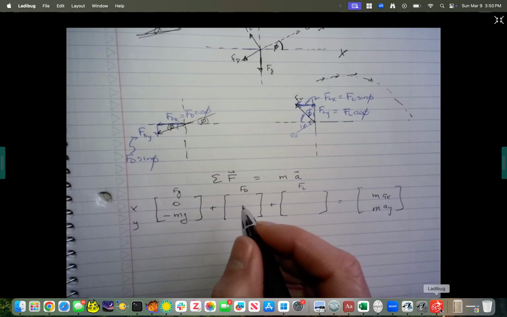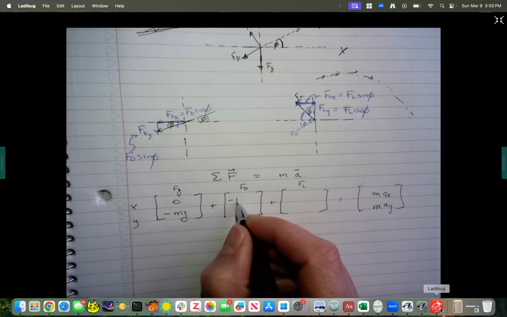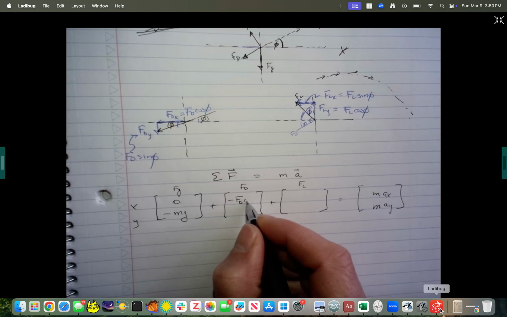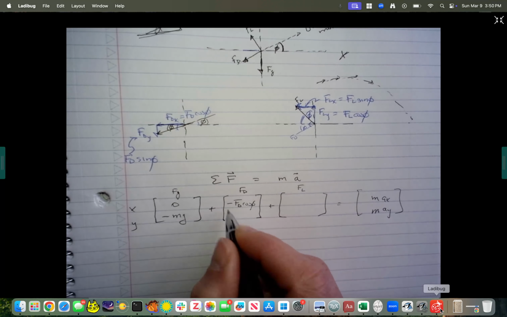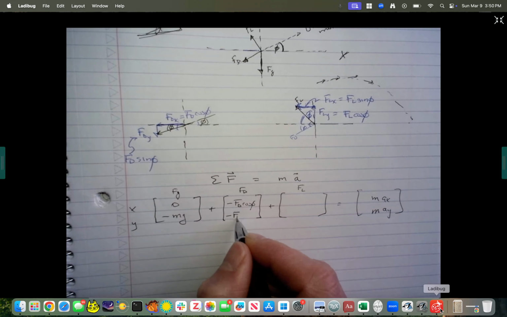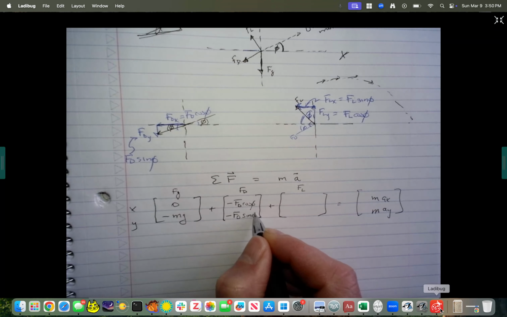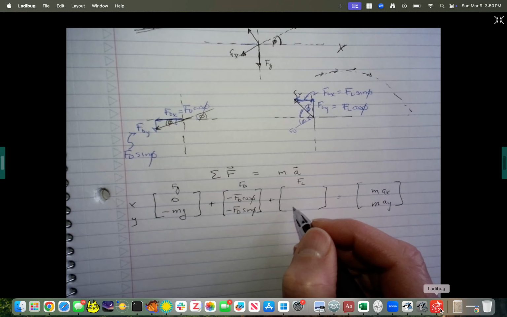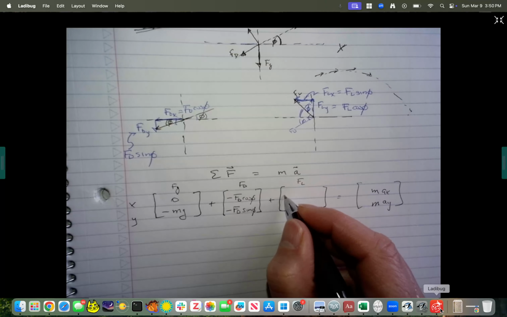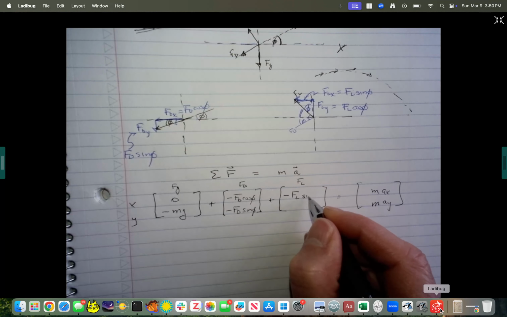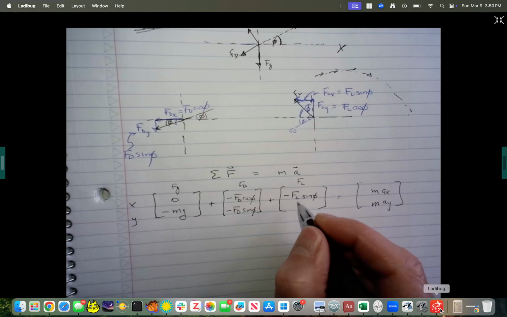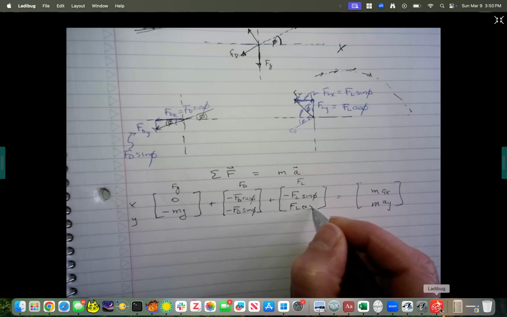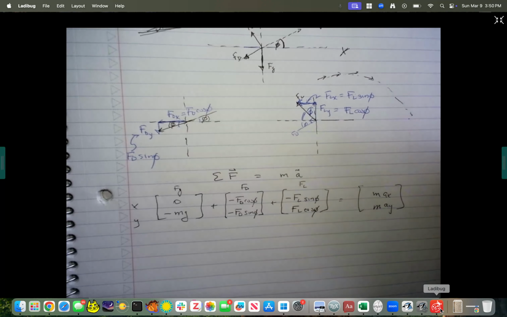Drag, we have negative F drag cos phi, and then minus F drag sine phi. And then for the lift, we have negative in the x, so negative F lift sine phi, and then plus F lift cos phi. So the lift in the y direction lifts the object up, or lifts the skier up.